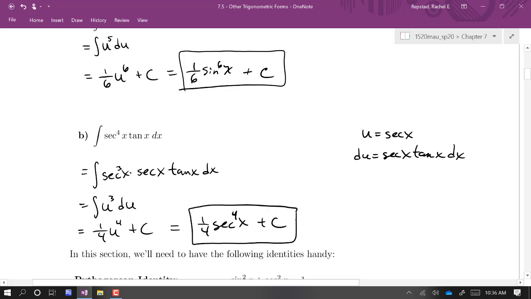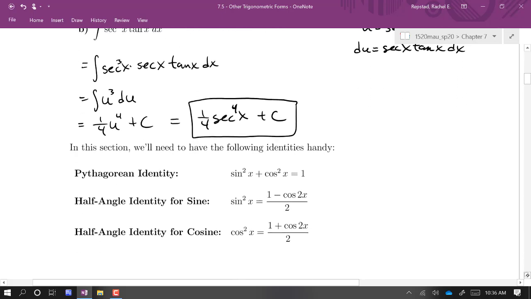So we already know how to do these, right? We've seen integrals like this when we were making u substitutions with the power rule. We're going to use similar strategies, but we'll first need to use algebra and also some trig identities.